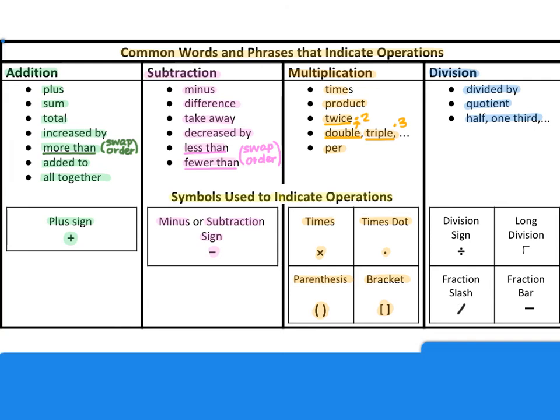For our final operation, division, here are a few words that mean to divide: divided by, quotient, half, 1/3, 1/4, and so on. Similar to multiplication, there are also several symbols that we use to show division. The most common one that we know in the younger grades is the division symbol and the long division symbol as well.